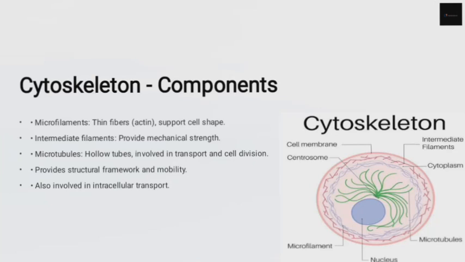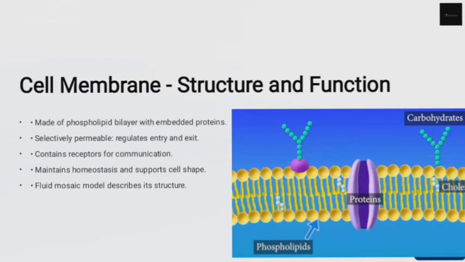Now, the last component of the cell we want to look at is the cell membrane. Last week I was using a complex diagram to show the cell membrane, but today I looked for a simpler illustration. This is a schematic presentation of the cell membrane. The circular part is called the head region.